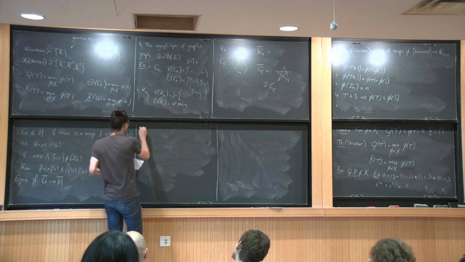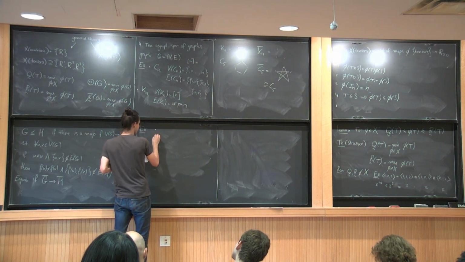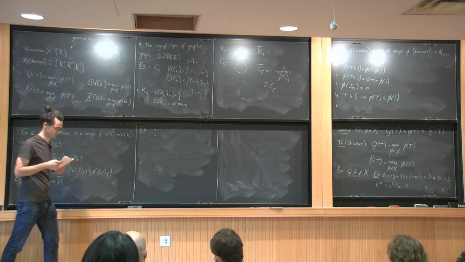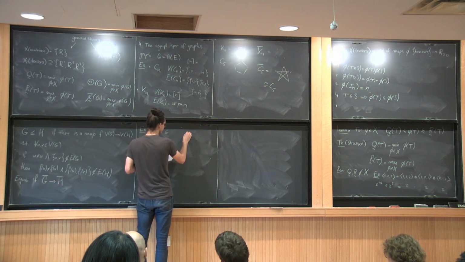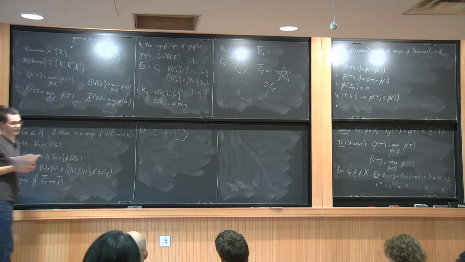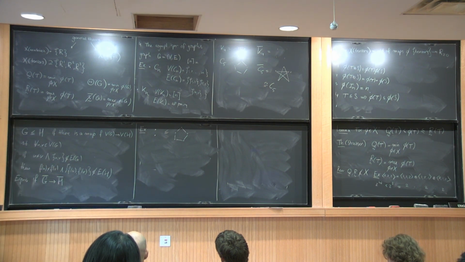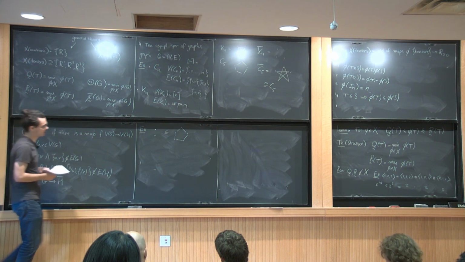So here's an example. I take this graph that just has two vertices, so that's K2 bar. And I take the 5 cycle. Then we have this inequality. So what do we need to check? We need to take any two different vertices that are not an edge. So we take these two.